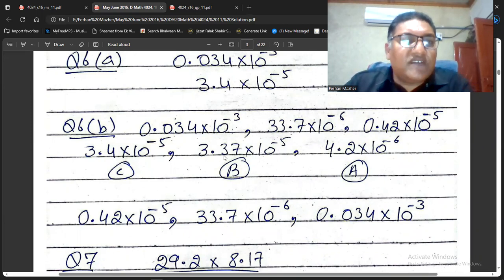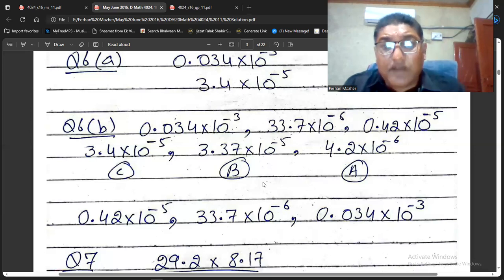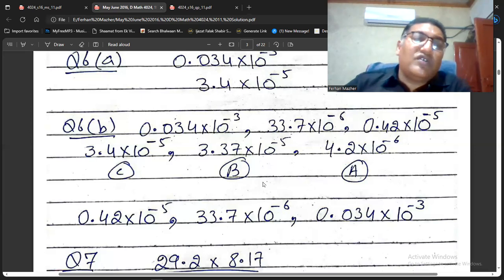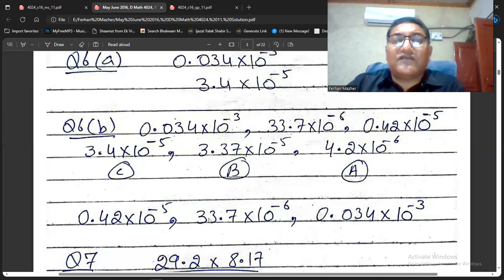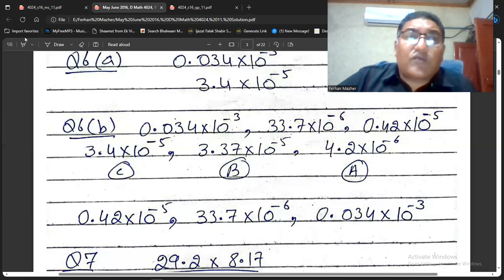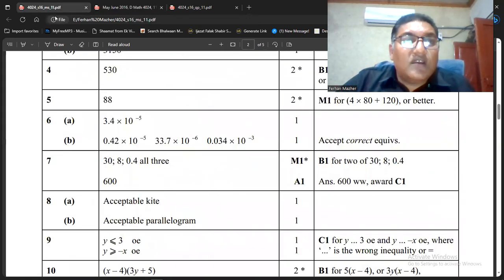Here 3.37 is less than 3.4, so this is smaller than this one. So this will be A, this will be B, and this will be C. We will write the arrangement, but in the answer, we will write them in their original shape. So we will have 0.42 × 10^-5, 33.7 × 10^-6, and 0.034 × 10^-3.